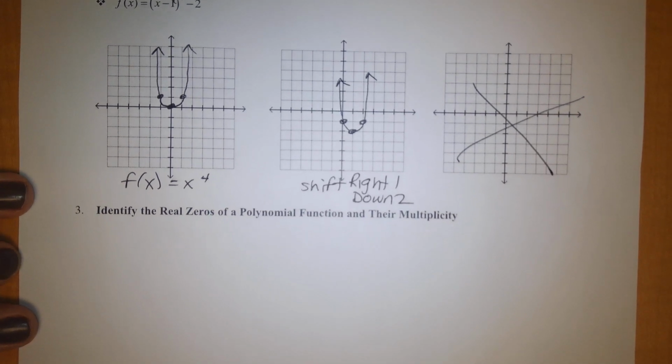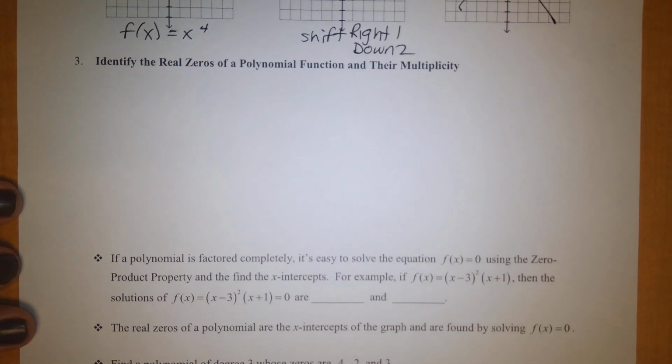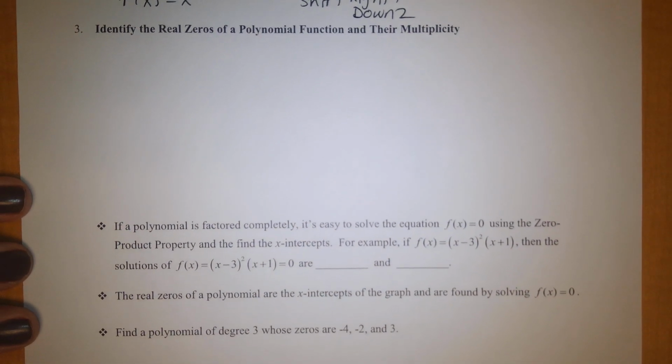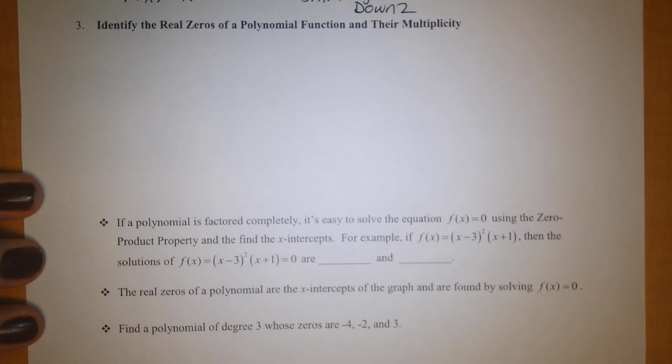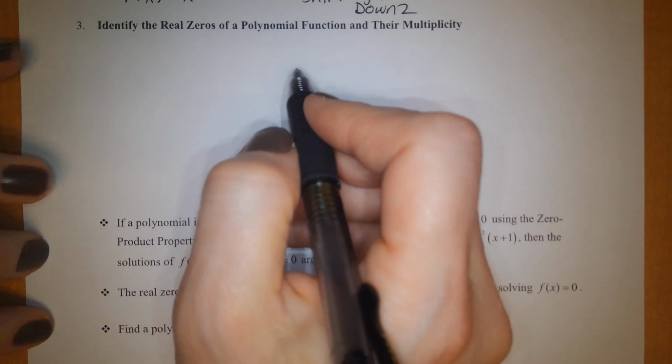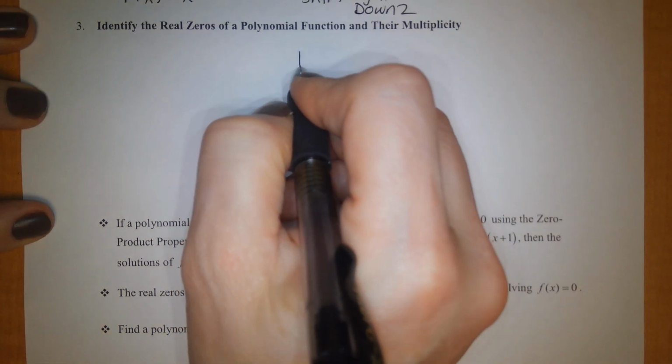For the next part, we're going to talk about how to identify the real zeros of a polynomial function and their multiplicities. First, let's discuss what real zeros are. Let's look at a graph.